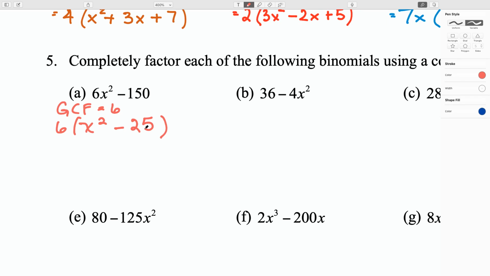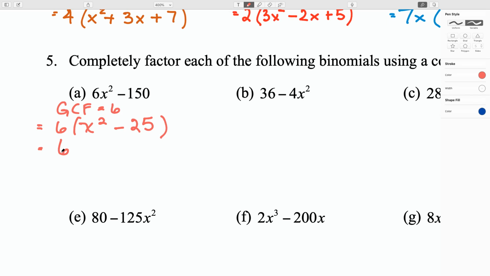Now we can factor again, because one of our factors can still be factored. x squared minus 25. That's a difference of perfect squares. And we're going to factor it into a conjugate pair. So we bring down the 6. Don't forget the 6. It's still a very important factor.